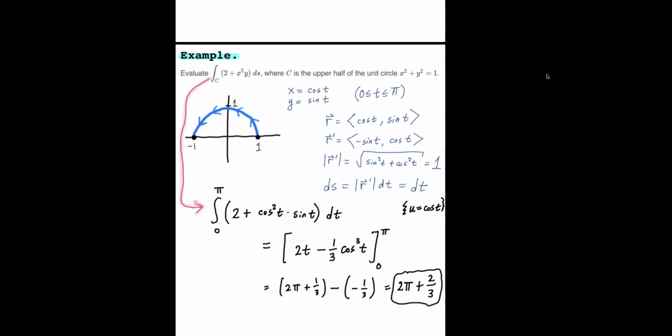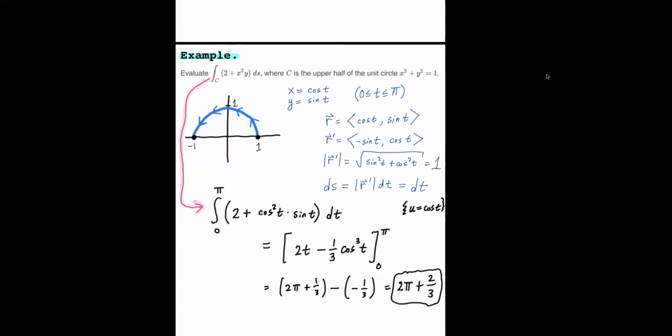Here's our position vector. This is our velocity. Here we calculate the speed. In this case, the speed is uniformly equal to 1. Because of that, the arc length parameter ds is the same thing as dt.